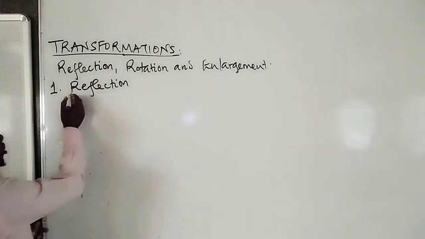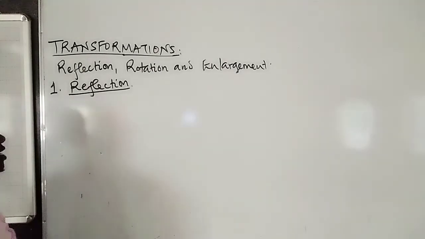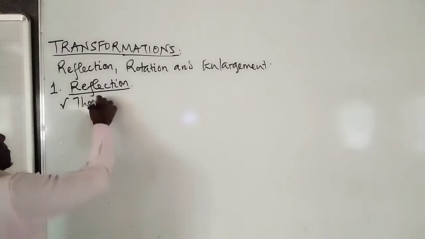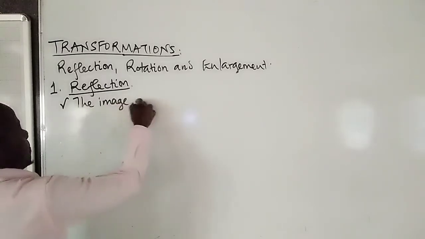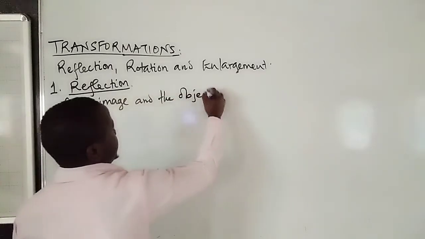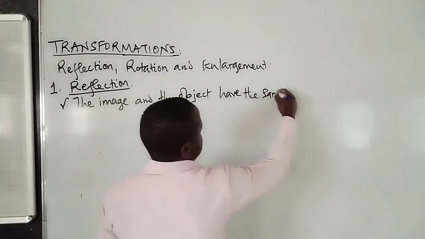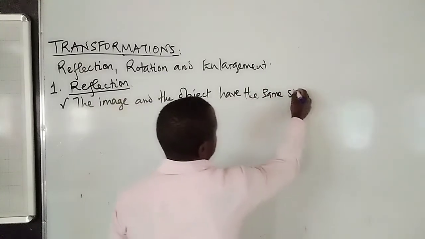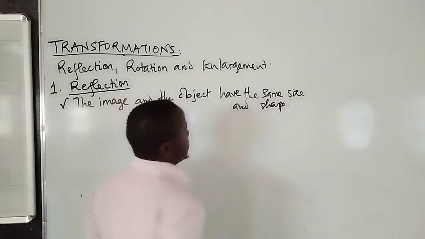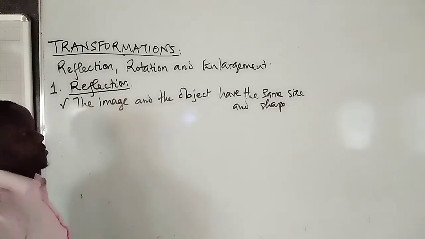Therefore, on a reflection you should note three main things: that the image and the object have the same size and shape.